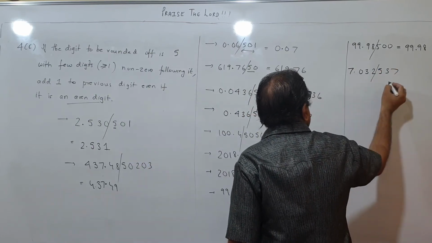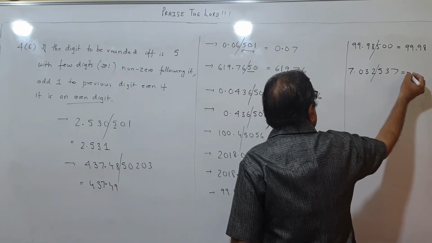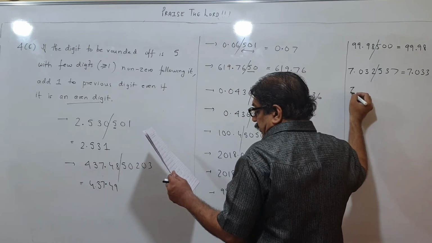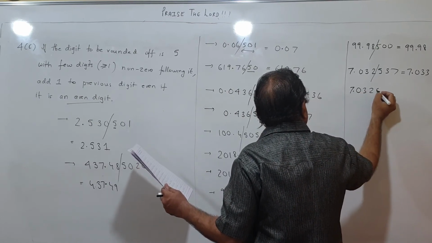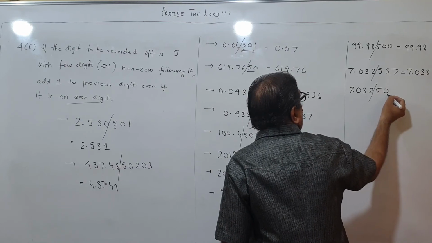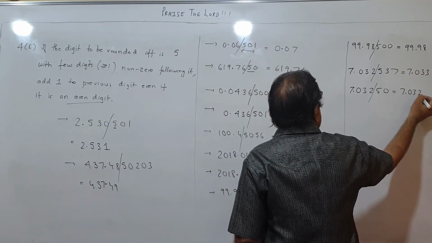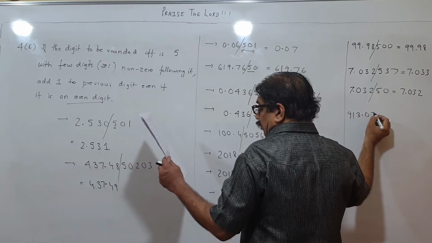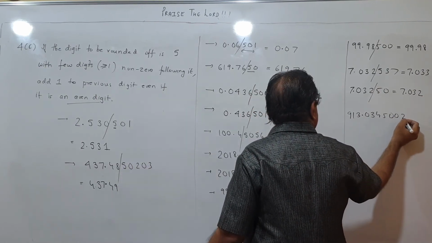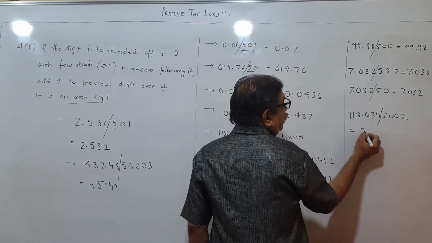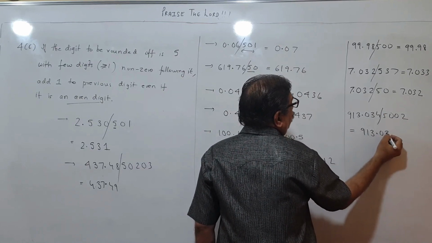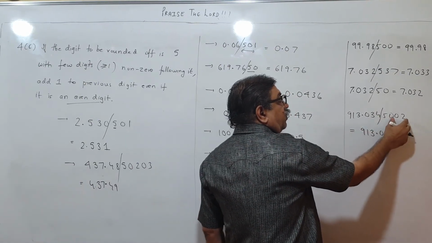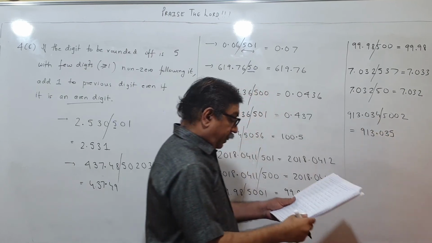I want to round off to here. There are non-zero digits following 5. So 7.033. Then 7.03250. After 5 all 0 digits. So 7.032. Then 913.03450002. I want to round off here. So this becomes 913.035, because non-zero digits are following 5, the 1 gets added over here.